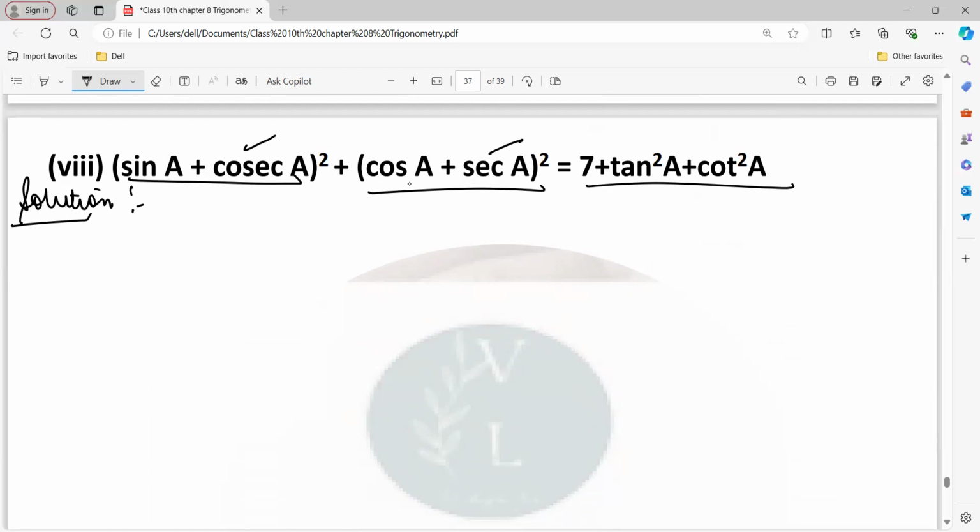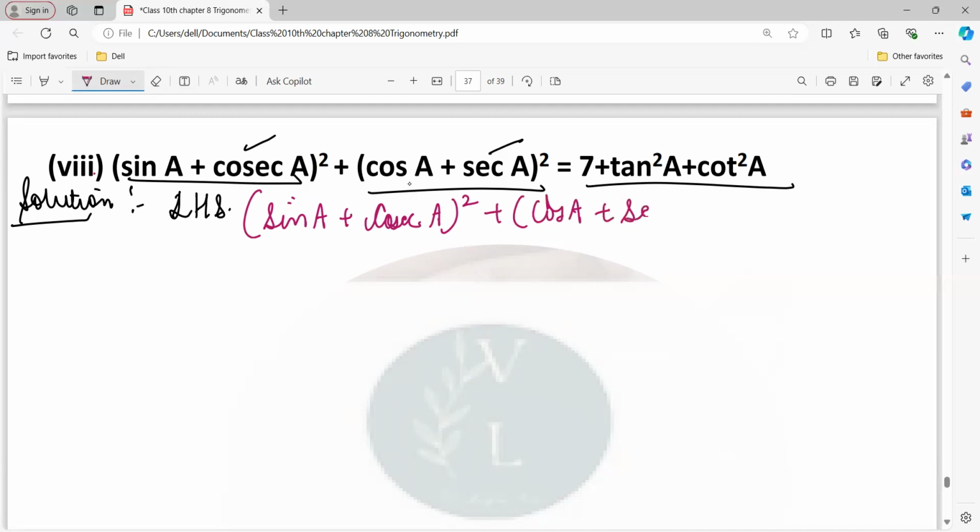A plus B whole square, we will apply the identity. Let's take the left hand side, which is (sin A plus cosecant A) whole square plus (cos A plus secant A) whole square, right?